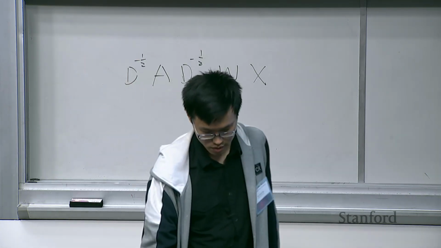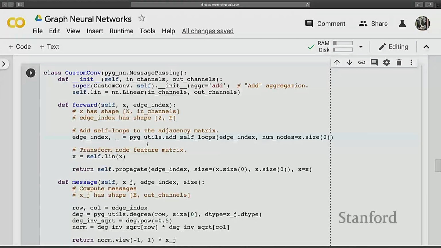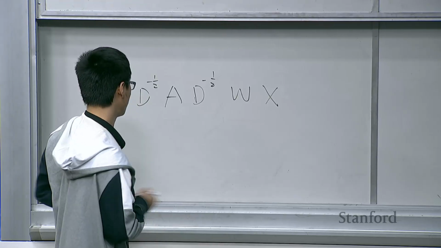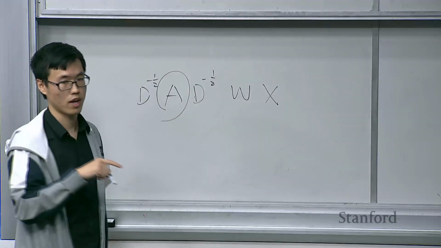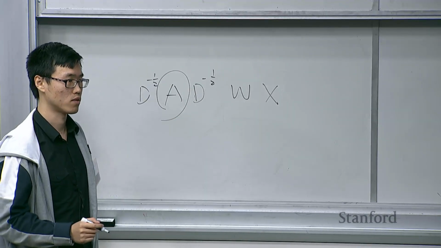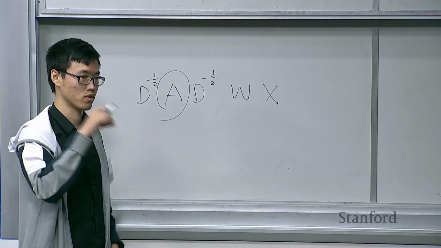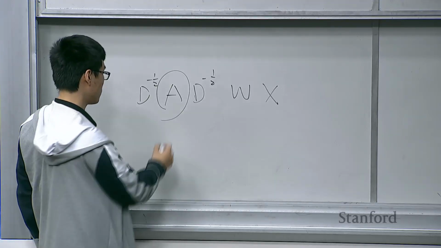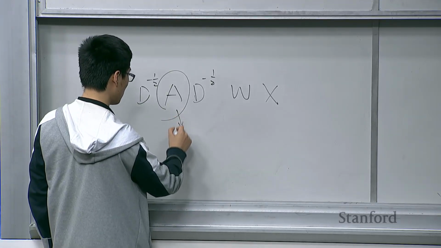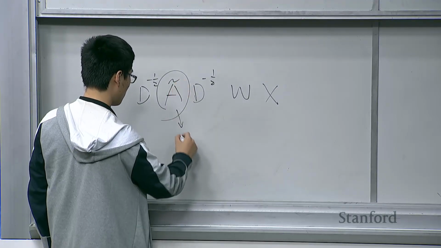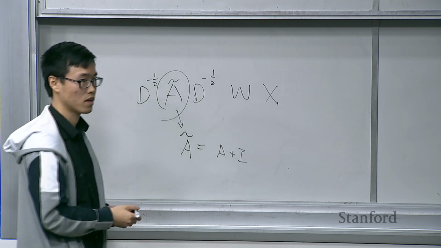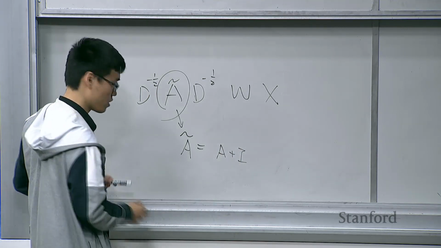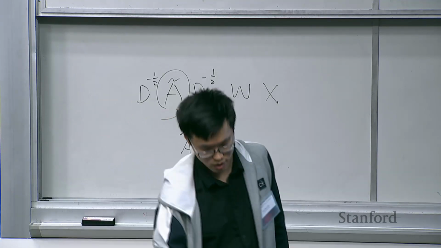The self loop basically means that my A is different. I also want to add myself into your convolution, so you not only aggregate neighbors, you also add yourself. This means your A is actually A plus the self loop. That is implementing it, but we can change it a little bit.